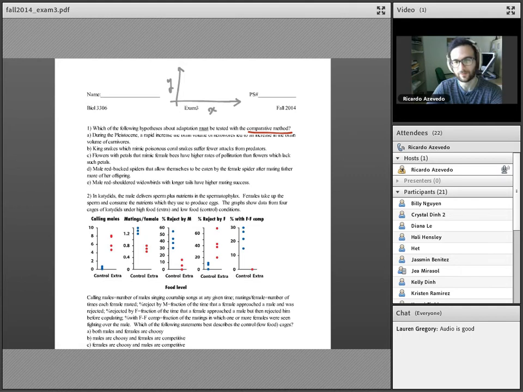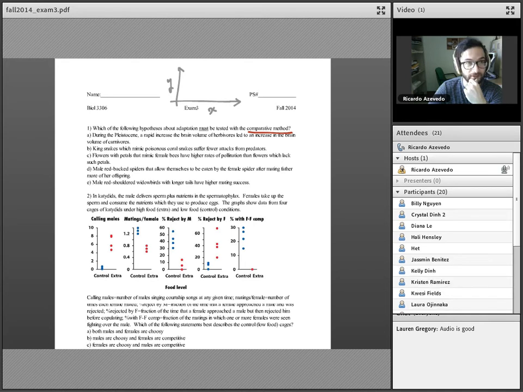So y, let's say, is brain size, and x is population size. X and Y are two traits, Y being brain size and X being population size.